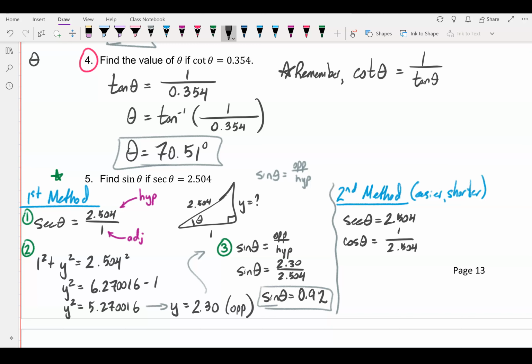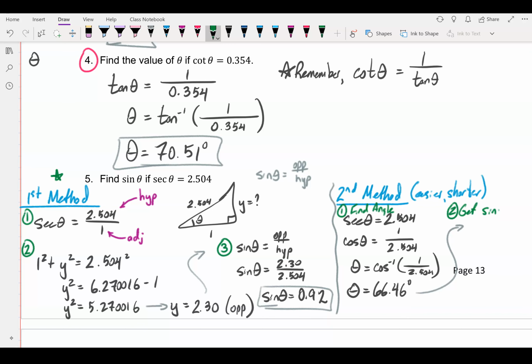which means that we can find our angle. Angle is the cos inverse of this. And so the angle is going to be 66.46 degrees. Once we have that, we can go and do one last step. So the first thing is to find the angle. And then the second step is to get sine of the angle.